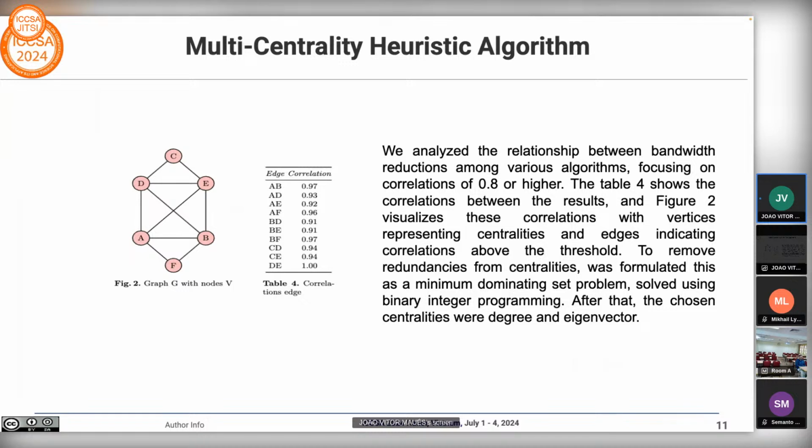To remove redundancies among centralities, the problem was formulated as a minimum dominating set problem solved using binary integer programming. After that, the chosen centralities were degree and eigenvector, with the solution of the binary integer problem.